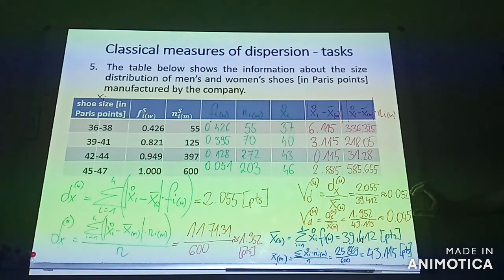A little bit more, because here we have similar variability of the variable values in both populations, women's shoes and men's shoes.